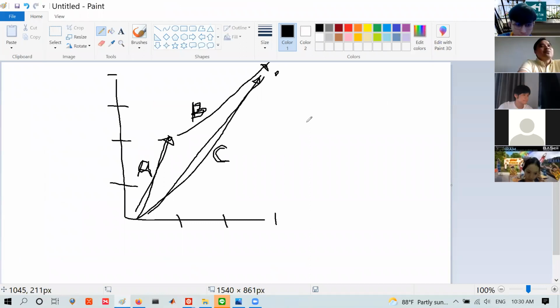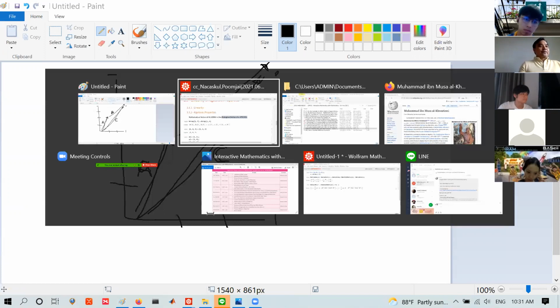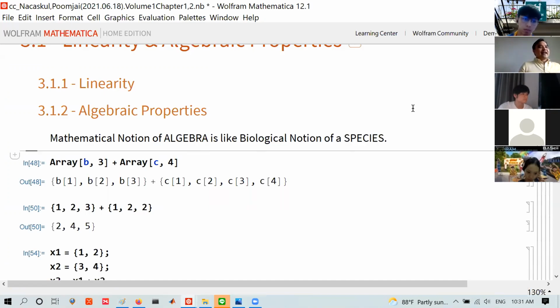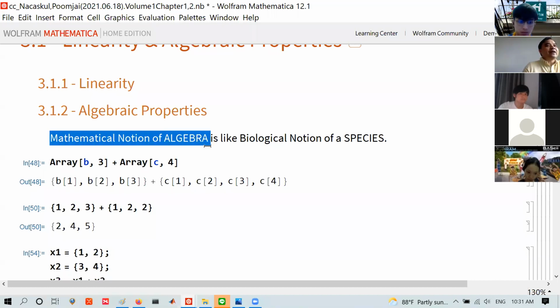It doesn't make sense with that analogy of Alice marrying Bob to produce Charlie, but just as A plus B is equal to C, you can say C minus B is equal to A, or C minus A is equal to B, right? This is the mathematical notion of algebra.